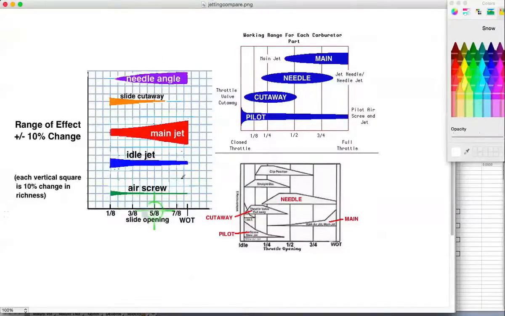This is the result of changing the values of the jets and the slide and the needle, and seeing how the jetting changes throughout the whole range of the slide opening. And this is the only realistic representation of what happens on the internet. All the others are just people's ideas of what's happening.